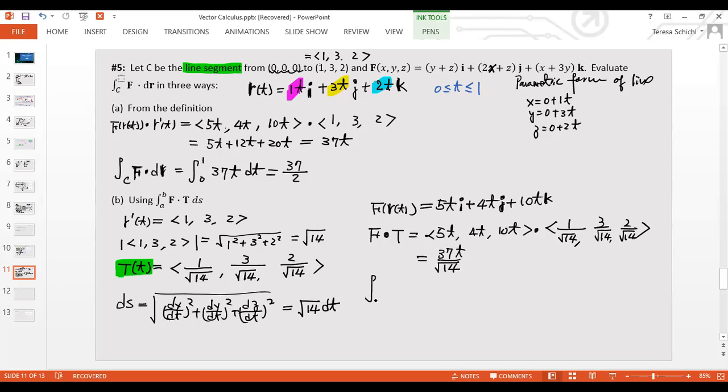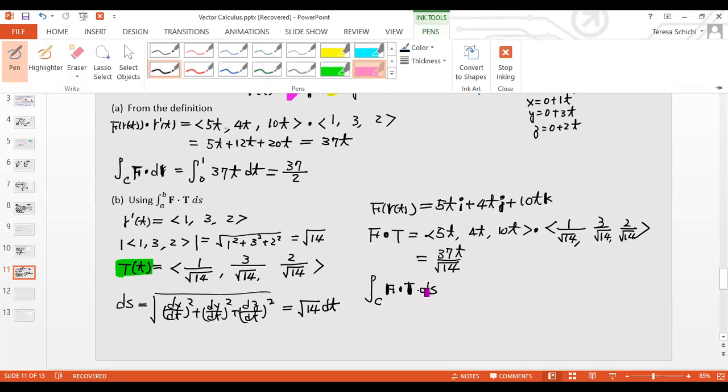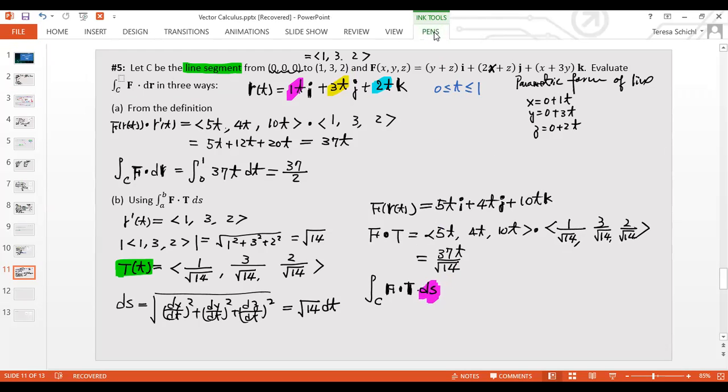Now I'm finally integrating F dot T with respect to ds, okay? So now let's do the same things here. Your t is from 0 to 1. The dot product here is 37t over the square root of 14. What is my ds? I just calculated it here.